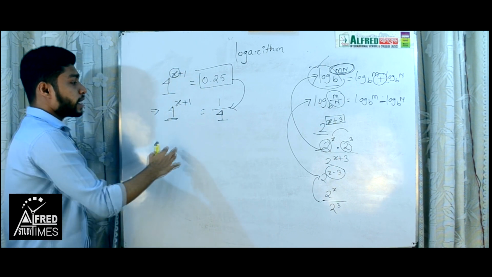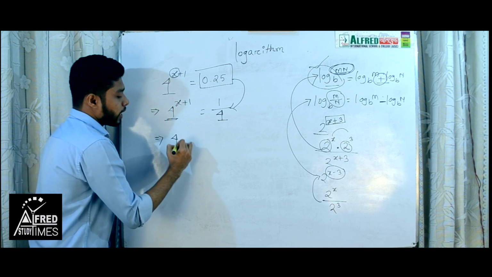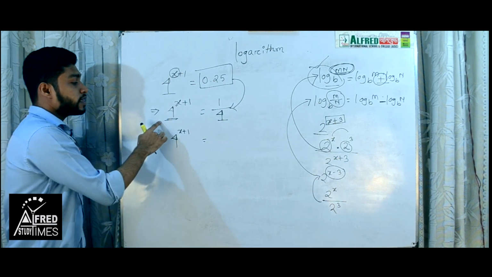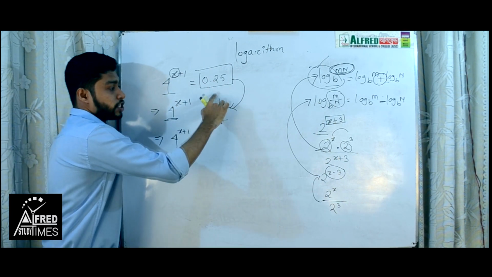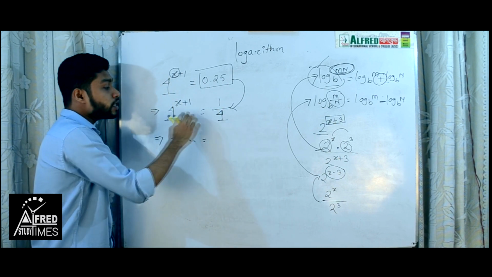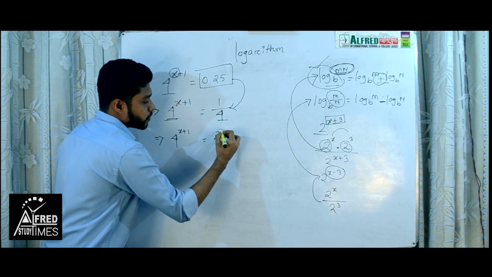Okay, we have to make the base same. Then I will go to the next step, x plus 1, but here there is no fraction. Okay, there is no divide, but here 1 divided by 4 is a fraction. We make it a normal number, so we can write it 4 to the power minus 1.